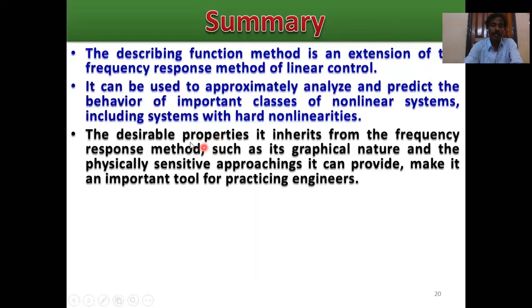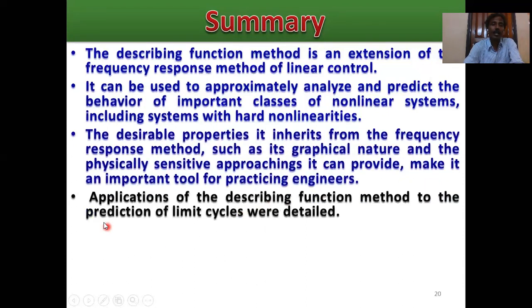The desirable properties it inherits from the frequency response method, such as its graphical nature and its physical insight, make it an important tool for practicing engineers.